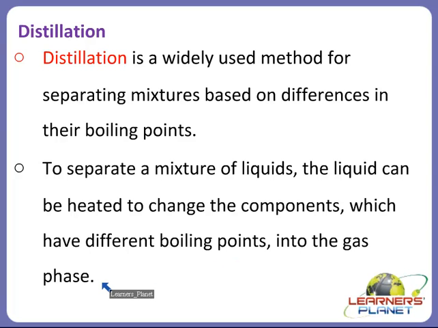Now how can we change this? There are certain conditions which are required to change the phase of the components of the mixture, right? So to separate a mixture of liquid, first we will have to heat the liquid so that its components can achieve their boiling points.